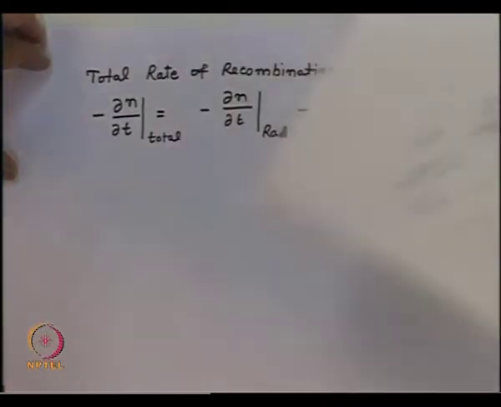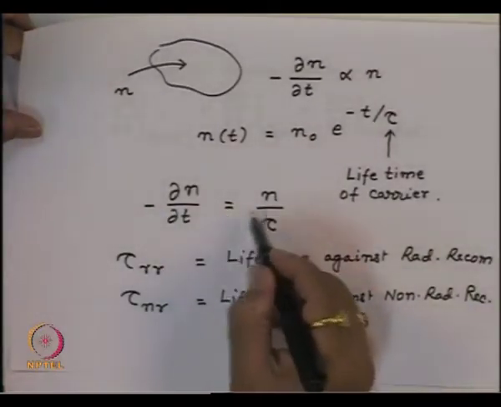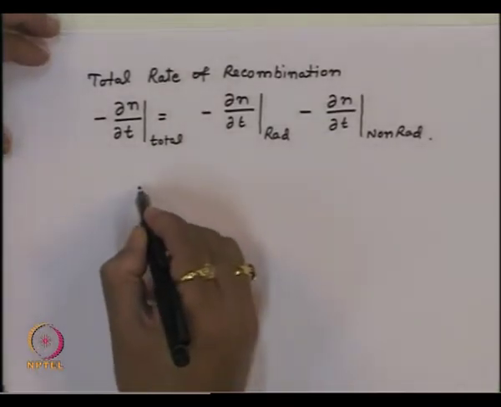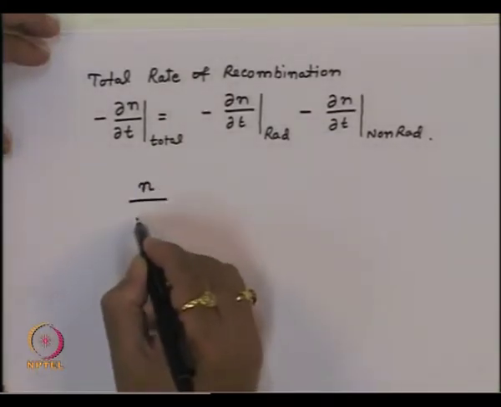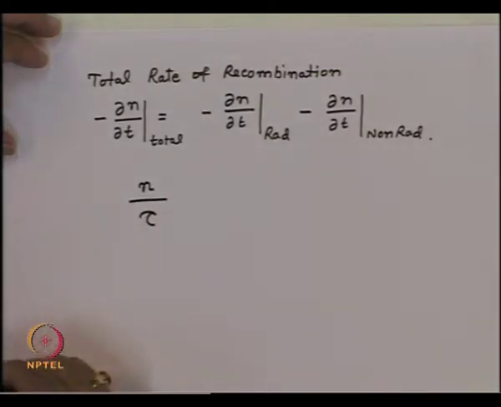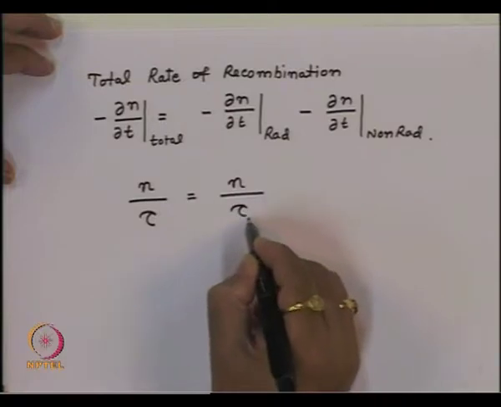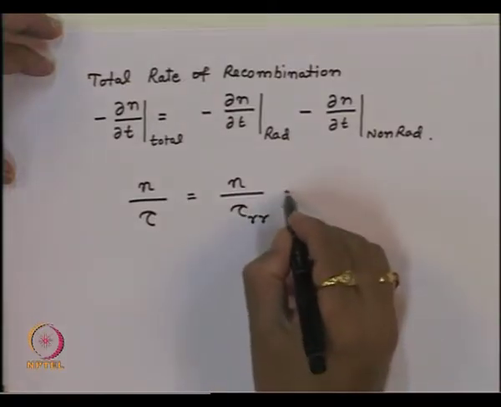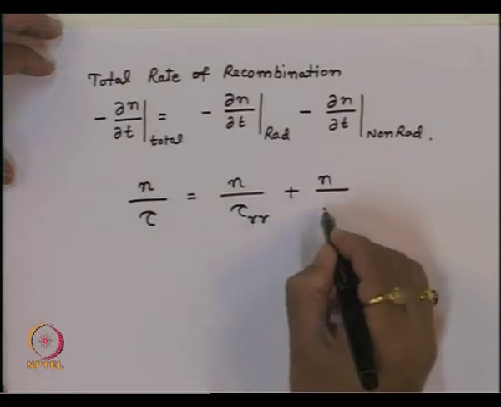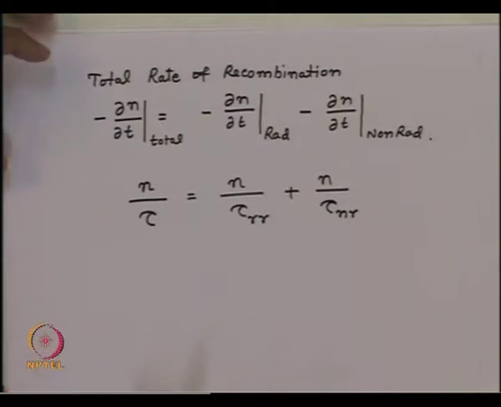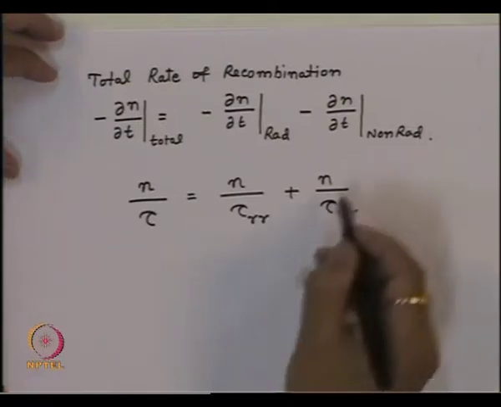And as we saw here, minus dN by dt is equal to n upon tau. So, you can substitute here. So, this is n upon tau, where tau is the total effective lifetime of the carrier, that is equal to n upon tau RR plus n upon tau NR. N is common.